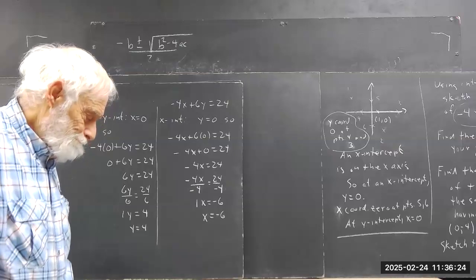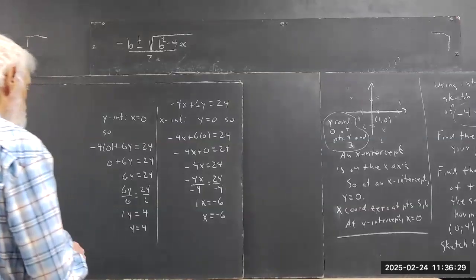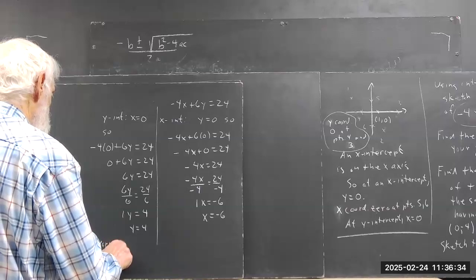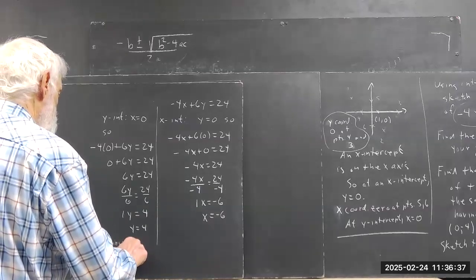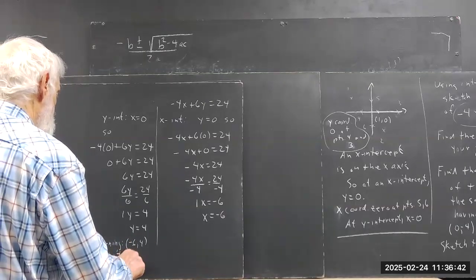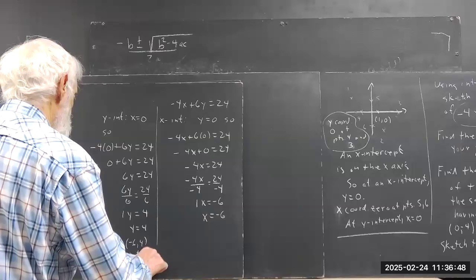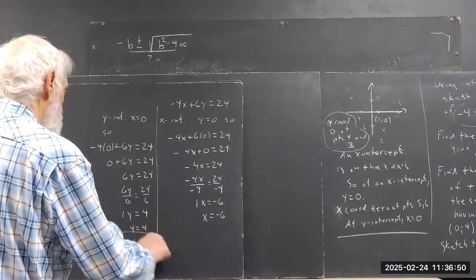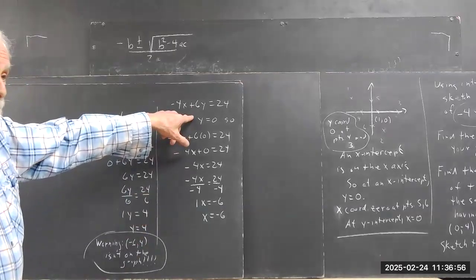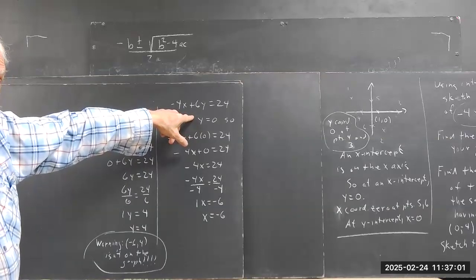So negative 6, 4 isn't on the graph. Plug it in, and you find that it's not on the graph. And it certainly isn't an intercept.